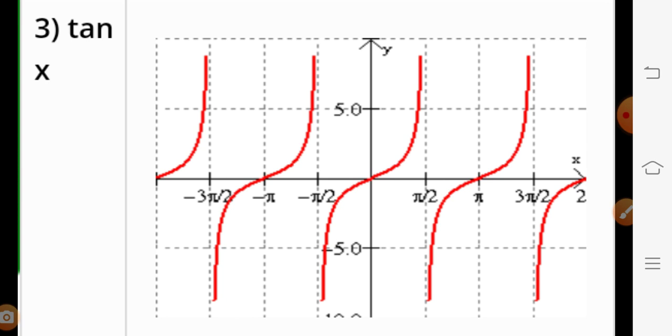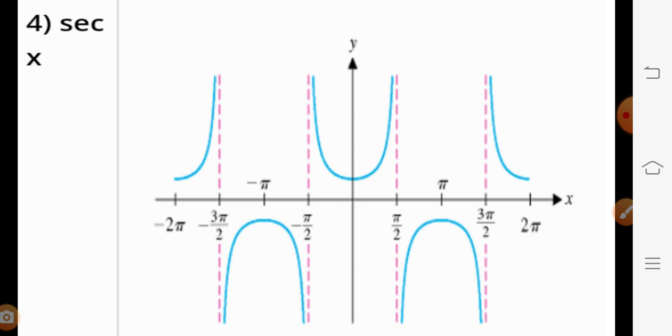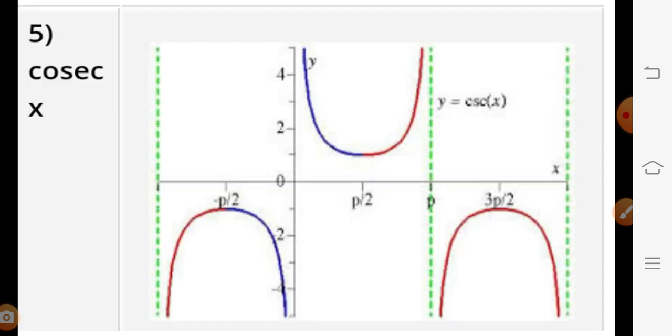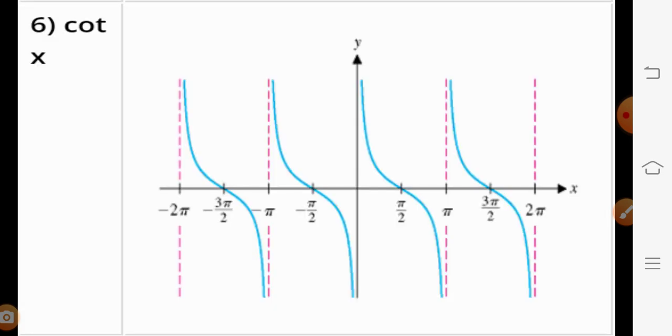Easily you are getting the graph of these functions, the t ratios. The graph for sec x we are observing here, and the cosec x we have. All these are similar. We are putting the value and we are getting the value of the function.